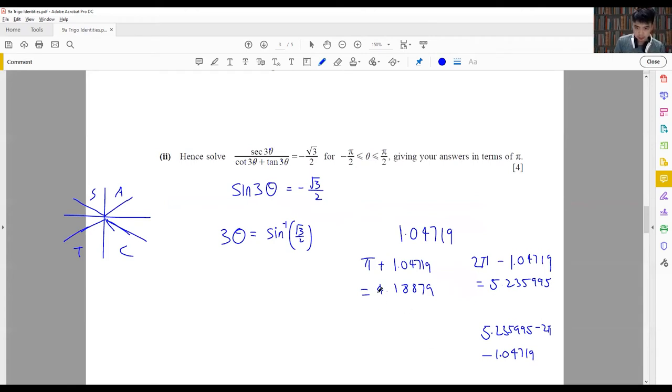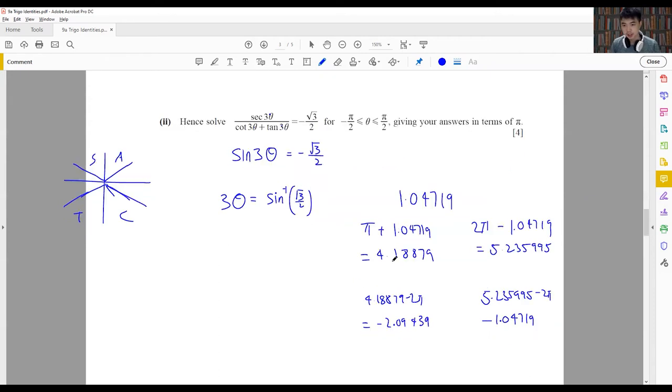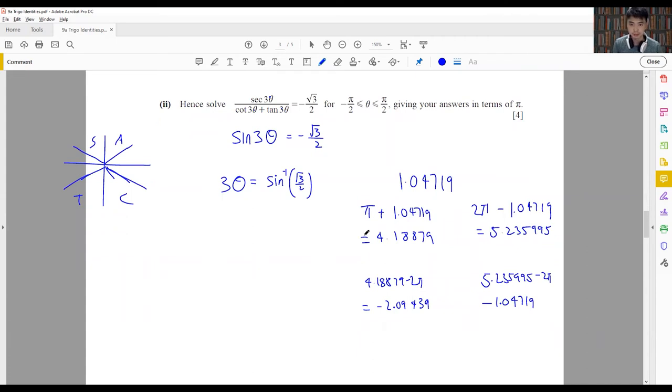And then this value minus 2 pi, 4.18879 minus 2 pi, then this will actually give us negative 2.09439.